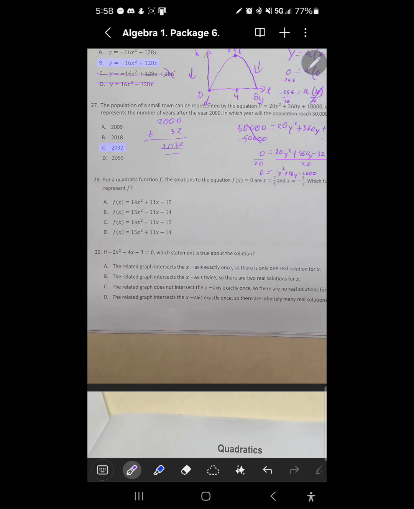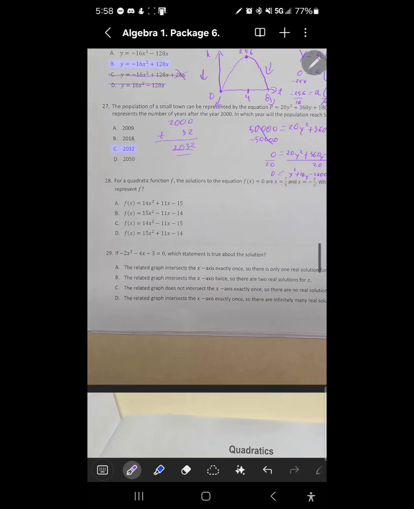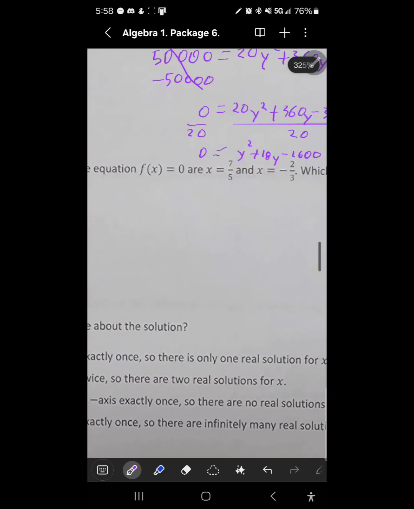Now, for a quadratic function, the solutions to the equation f of x equals 0, which is just any solution, what we have been doing since the beginning, are 7 over 5 and negative 2 over 3. Which function could represent f? Okay, we have that x equals 7 over 5, and x equals negative 2 over 3.